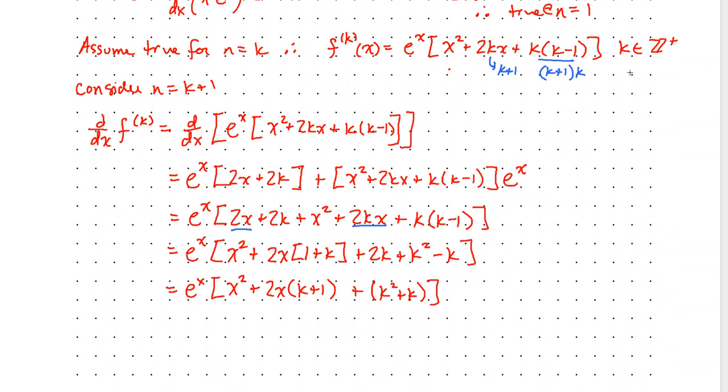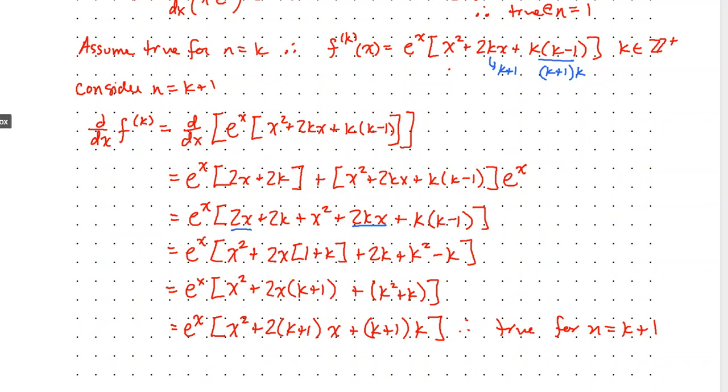I'm just going to rewrite this so it looks exactly like what I want, so there's no ambiguity that I am equal to what I'm trying to show. So e to the x, x squared plus 2 times k plus 1 x plus k plus 1 times k. So therefore I am true for n equals k plus 1.